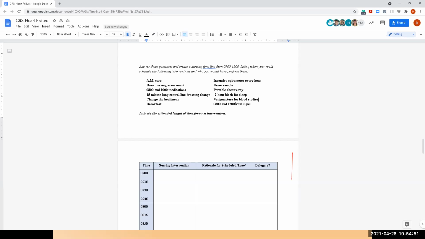The vital signs, again, are there ways that you can push those half hour one way or another to allow that time? What else? The incentive spirometer, I think maybe for one hour you just don't have him do it. I mean, he's got to have some sleep.